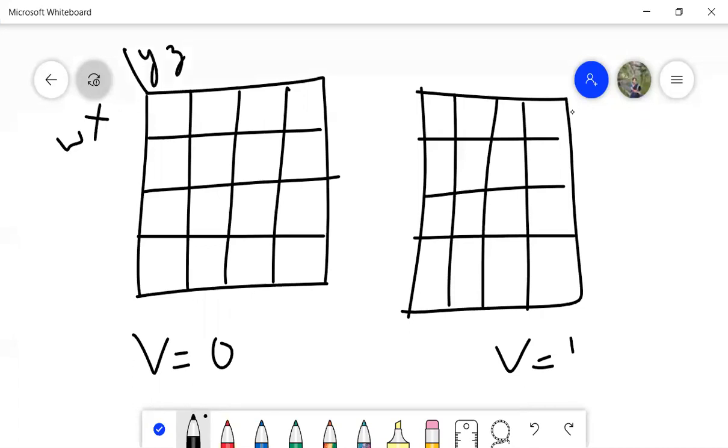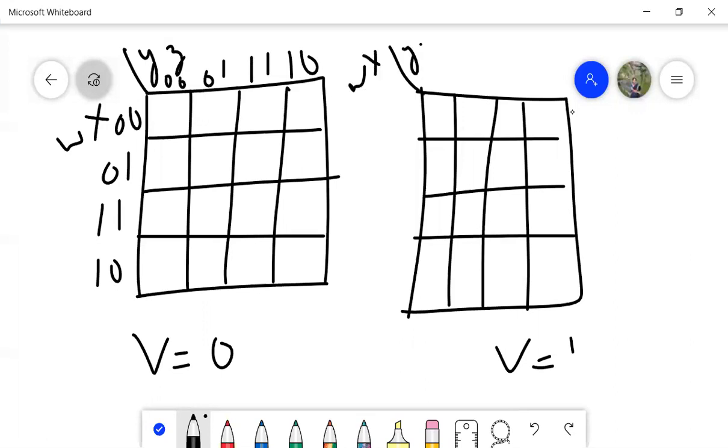And how will I represent the K-map? We know this is 0, 0, 0, 1, 1, 1, 1, 0. Again here it is 0, 0, 0, 1, 1, 1, 1, 0. Same thing here, it is reflected. So this will be WX, this will be YZ, and this will be 0, 0, 0, 1, 1, 1, 1, 0.